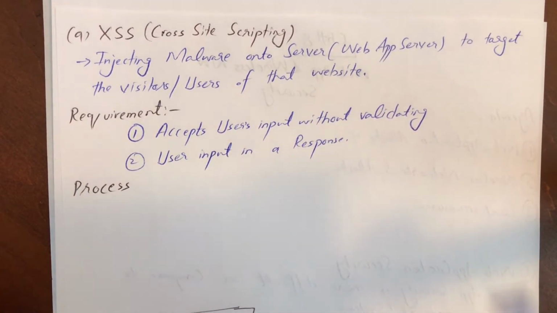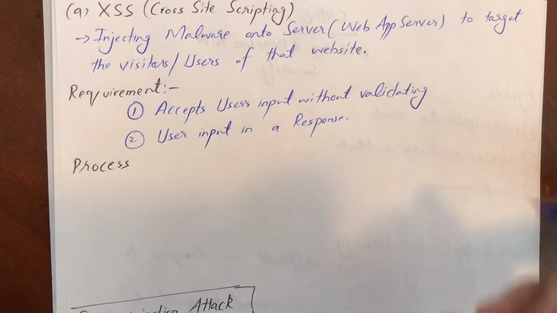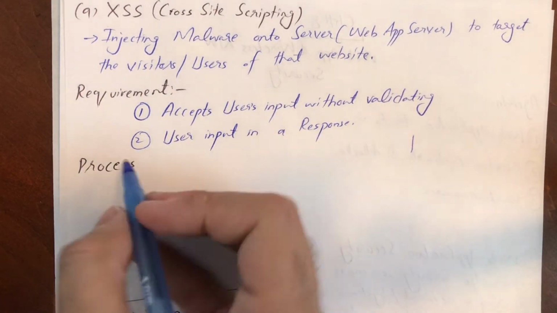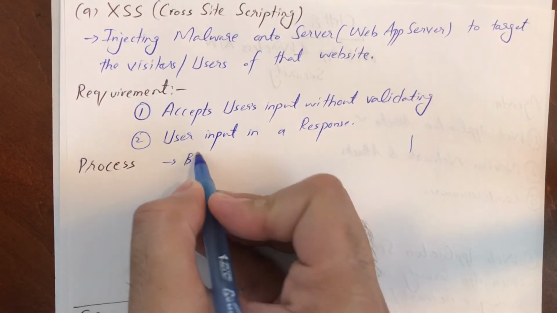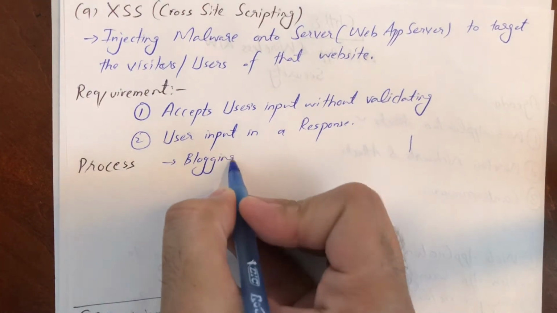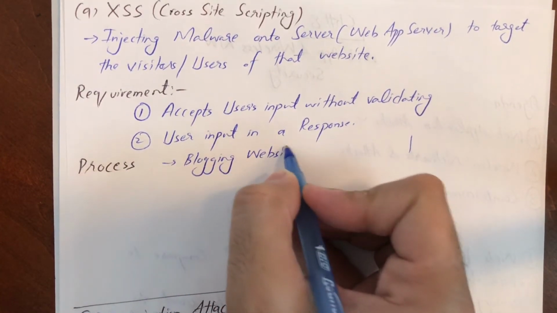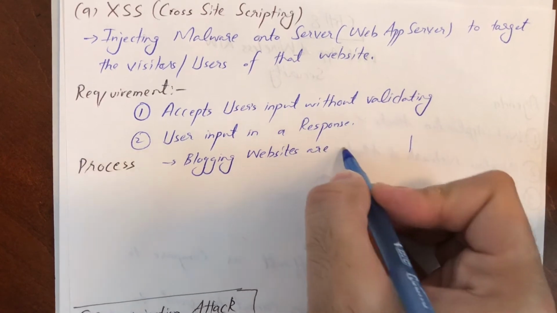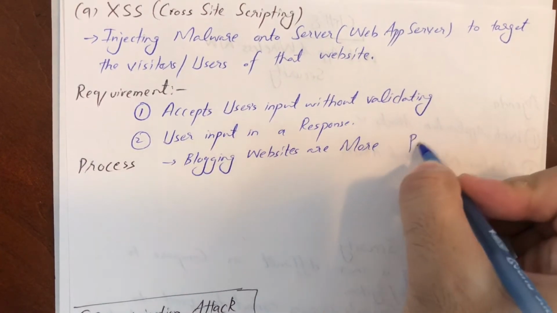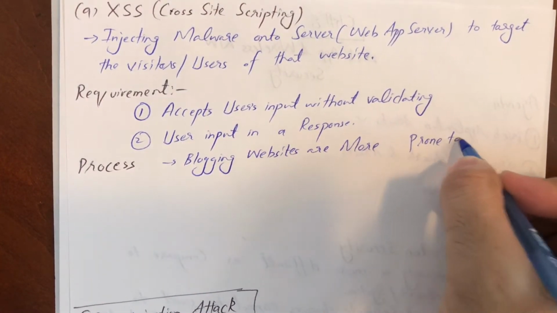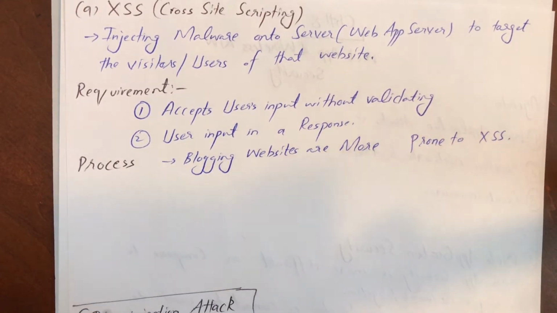So what's basically the process, how exactly does it execute? Let's say there is a website, for example. Most of the time the blogging websites are more prone to cross-site scripting. Why blogging websites?